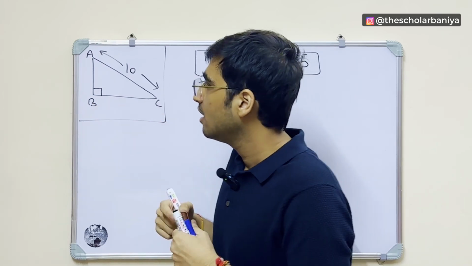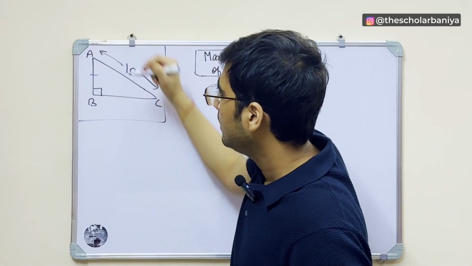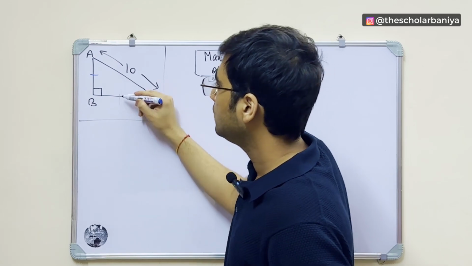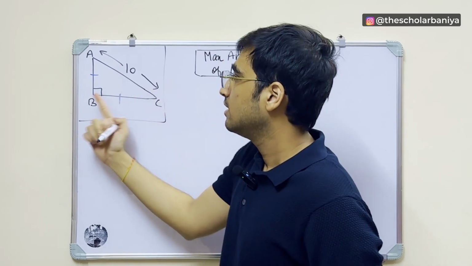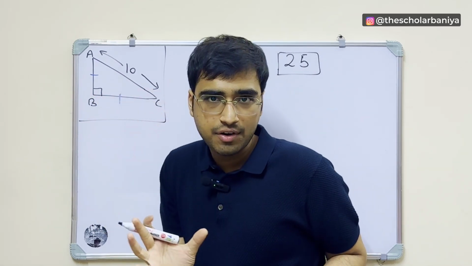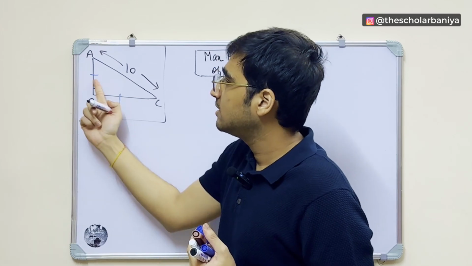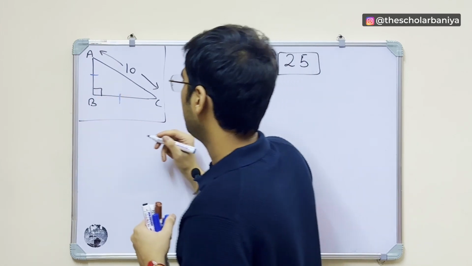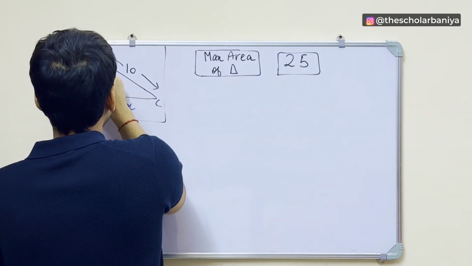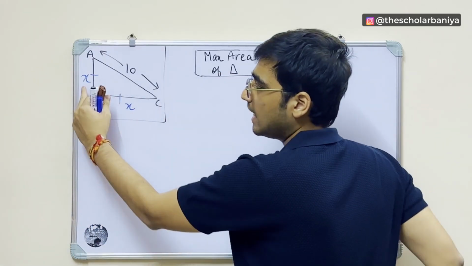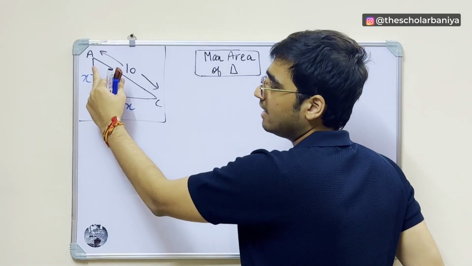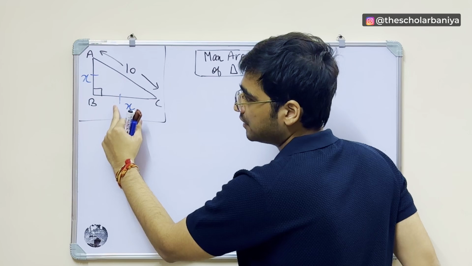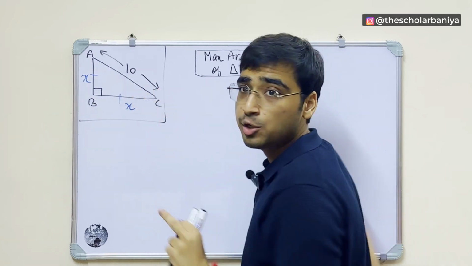Yes, we can, because if we make this side equal to this side, then we can have it. So let's assume that this side is x and this side is also x. So we have a right angled isosceles triangle whose hypotenuse is 10.